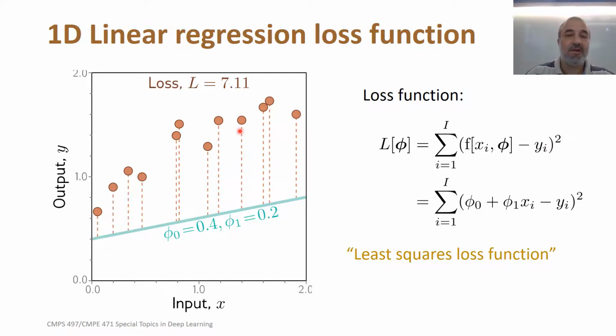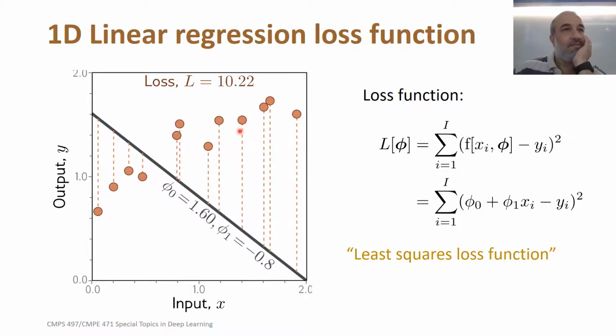Here's another one. Again, you compute the differences, square them, and sum them. Here you can see that some of them are positive, some are negative. We don't care about positive or negative, we care about how far they are. So we square them and sum them. Is that better or worse than the previous one?